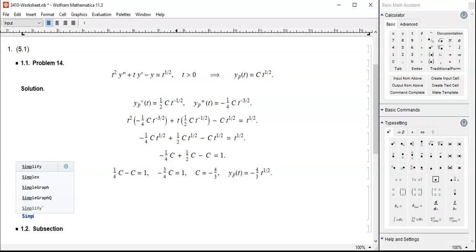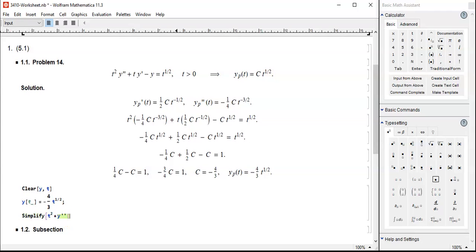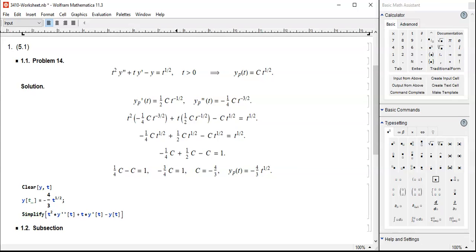And then let's copy and paste the left-hand side of this differential equation: t squared times y double prime of t, the second derivative, plus t times y prime of t, the first derivative, minus y of t. And let's calculate it. And do we actually have the right-hand side, t to the 1/2 power? Let's see if that is the case. Yes, we got it. Square root of t, which means the computation we did and this answer are correct.